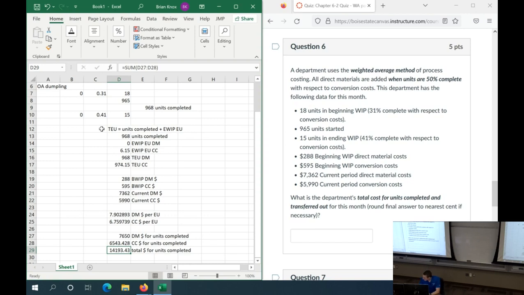Yeah, the sum of the two DM cost numbers, divided by the TEU with respect to direct materials up here.